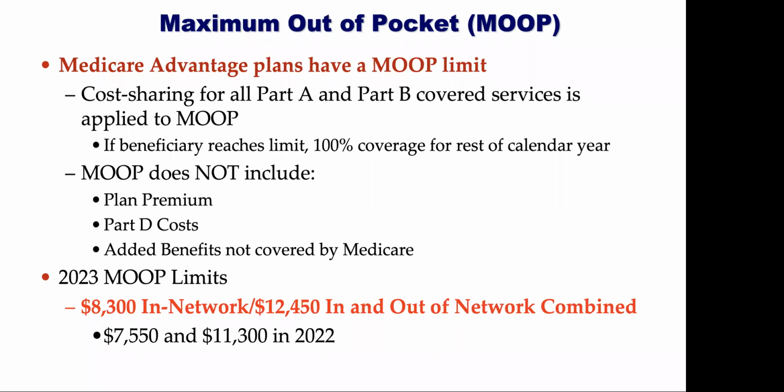So what is that limit? Look at the red on the bottom of this slide. $8,300 a year if you stay in the network and you use doctors who are contracted with the plan, up to $12,450 if you go both in and out of the network. $8,300 in, $12,450 out, compared to original traditional Medicare, where a supplement will cost you about $3,600 a year and give you full coverage for all Medicare covered services.